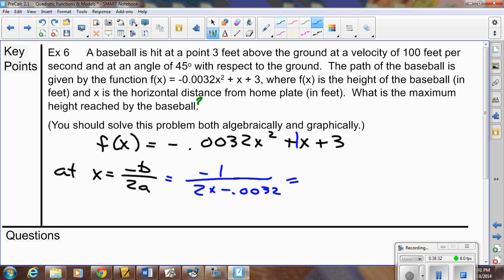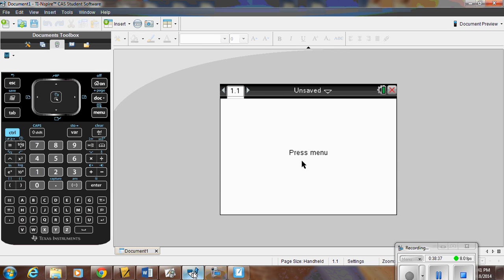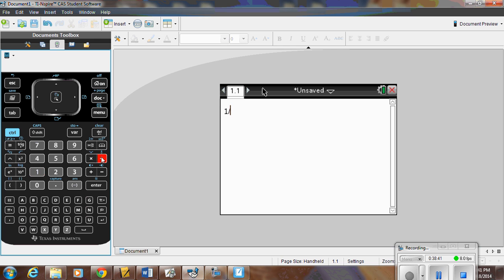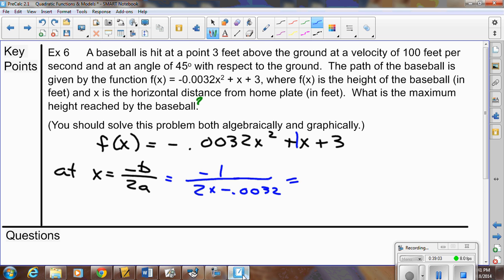We'd have menu, add the calculator, 1 divided by 2 times negative 0.0032, close parentheses. Oh, I had a positive 1. It was supposed to be a negative 1, which is going to change it from a negative 156 to a positive 156. But we get 156.25.